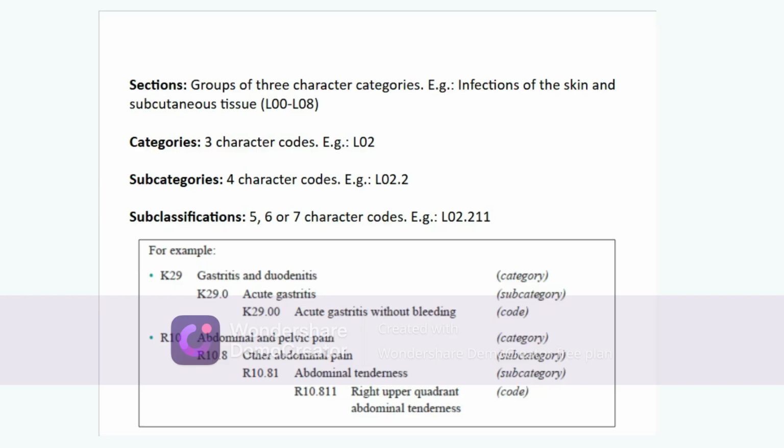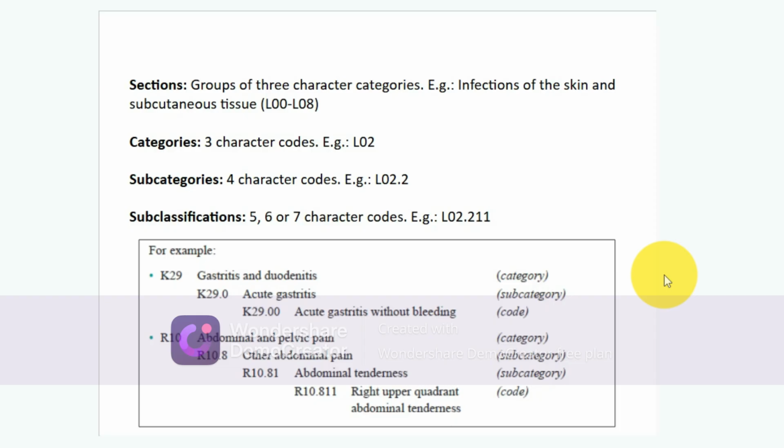Subclassifications have five, six or seven characters; the code is L02.211. Another example is K29, gastritis and duodenitis, which is a category. K29.0 acute gastritis is a subcategory. K29.00 acute gastritis without bleeding is the exact code. This way we check the complete ICD code. R10 abdominal and pelvic pain is a category.